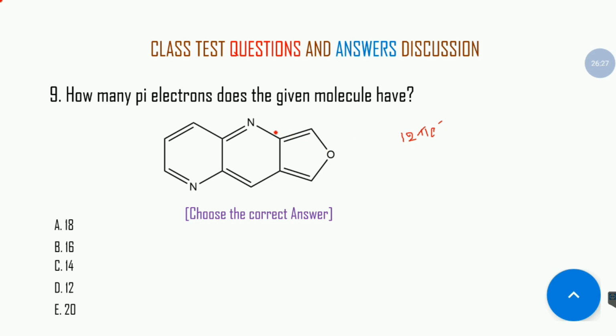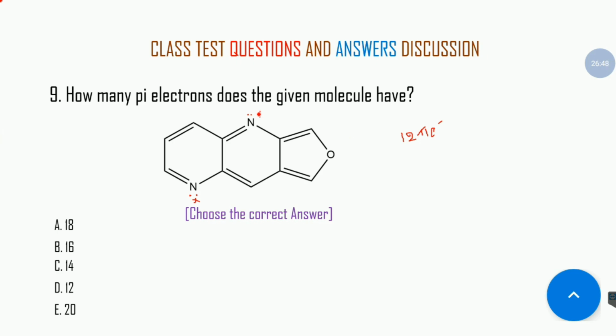So there are two nitrogens and an oxygen, all having lone pairs. But we know that if the atom is directly attached to a pi bond, that lone pair will not be involved in the delocalization process, so it will not be counted.